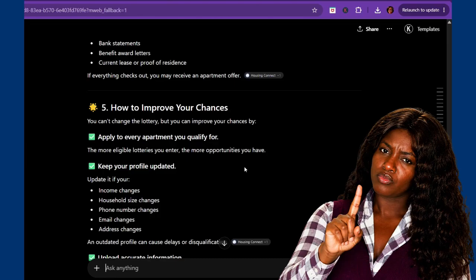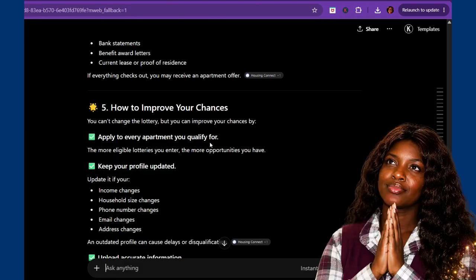If you know your income is $42,000, don't apply for a unit that's asking for $65,000. That's an automatic no. So apply to every apartment you qualify for. The more eligible lotteries you enter, the more opportunities you have. And that is so true.